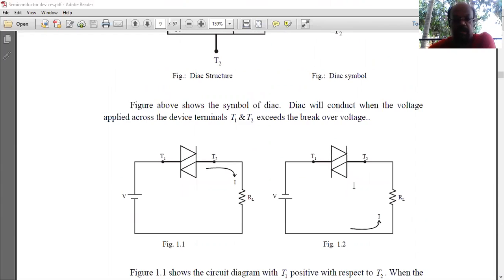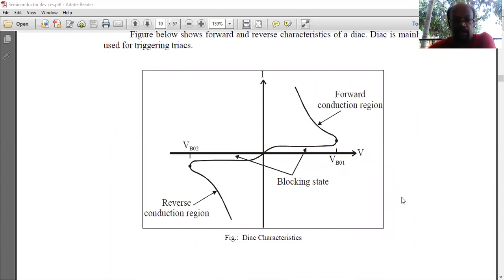And this is the DIAC characteristic. When forward conduction is there, up to certain voltages it will not allow the current to flow. This is the forward blocking state. Here, what is the breaking?